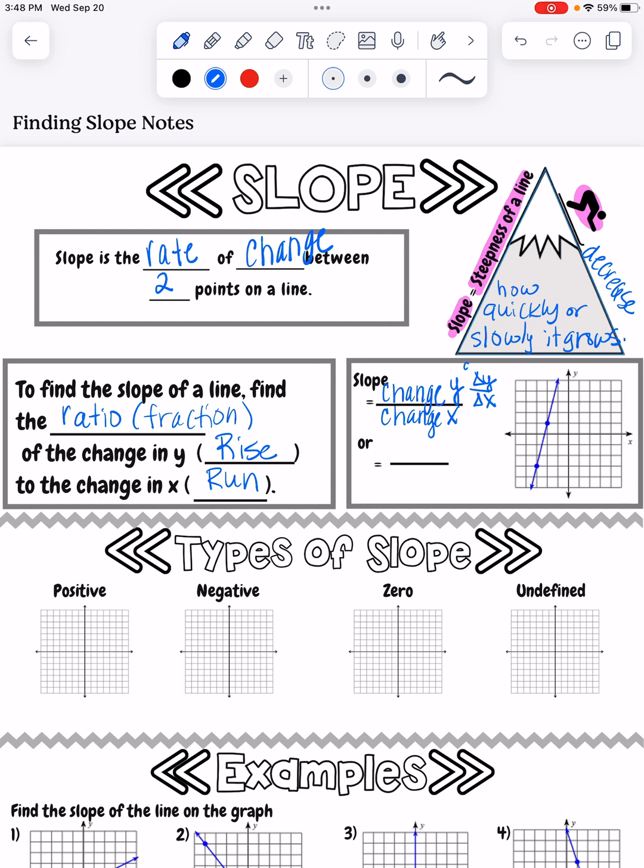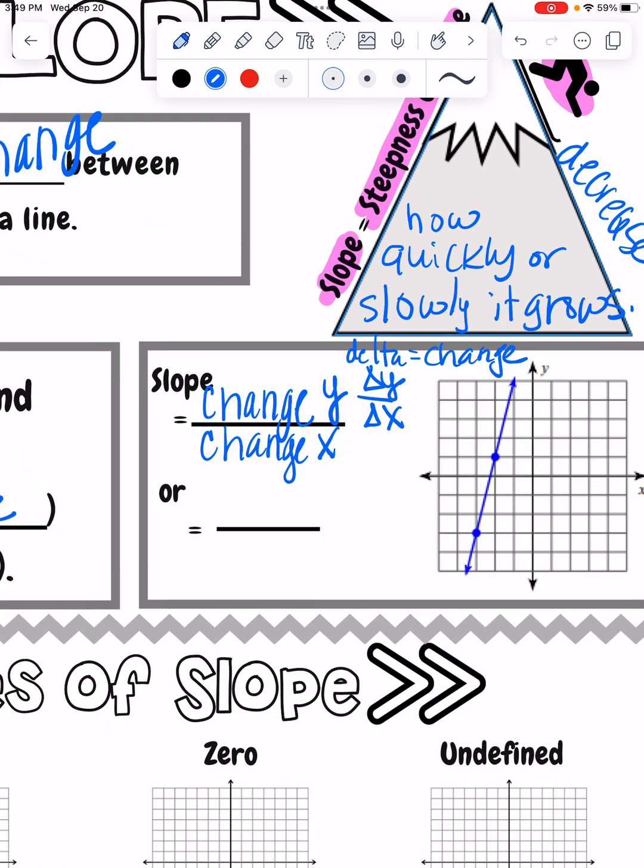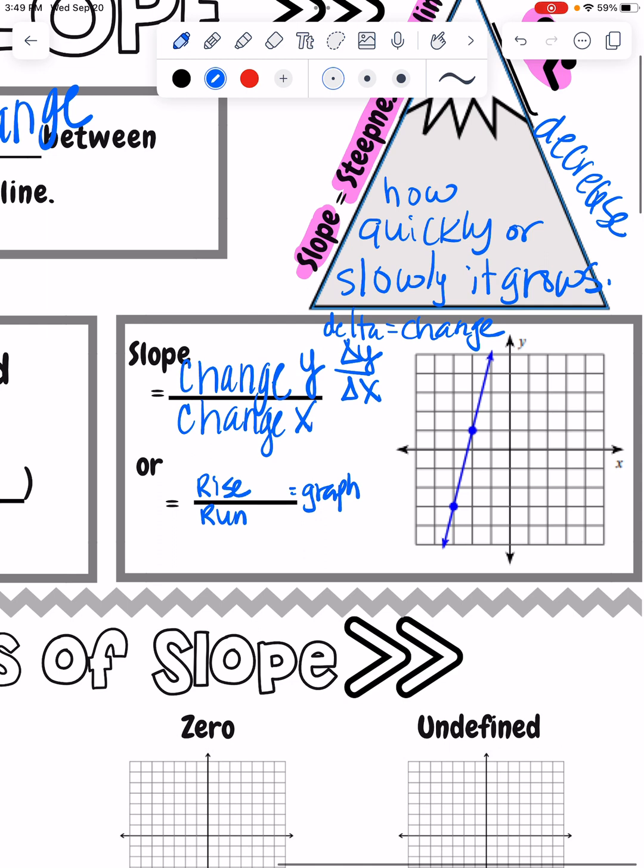So the delta equals change. Or if we're looking at a graph, this would be your rise over run. Give you a couple minutes to fill that in, and then we're going to look at the graph that we have here.